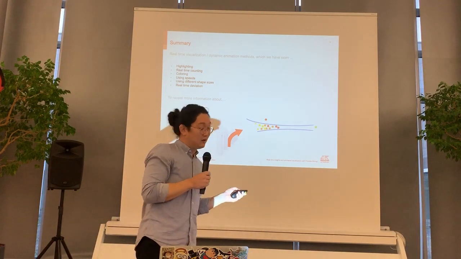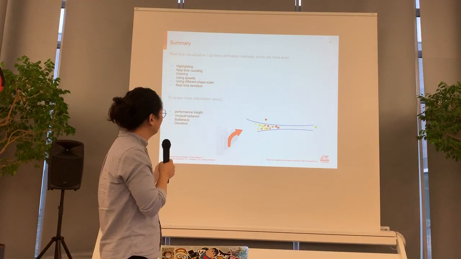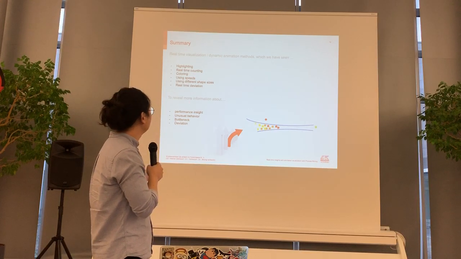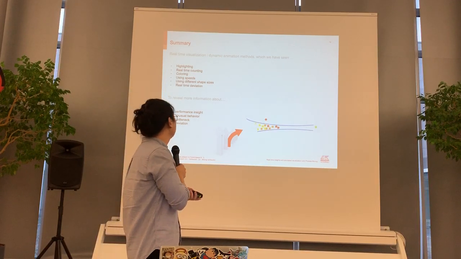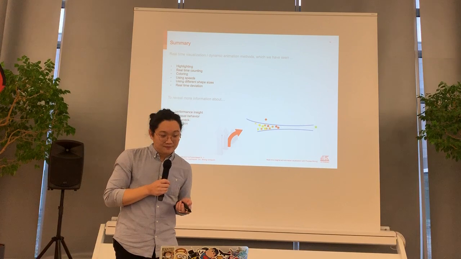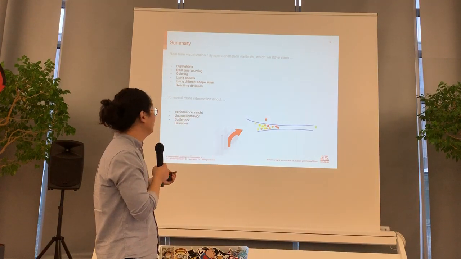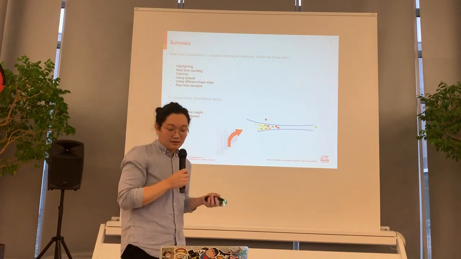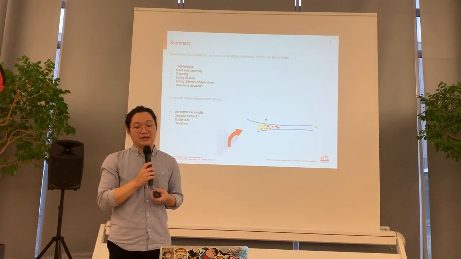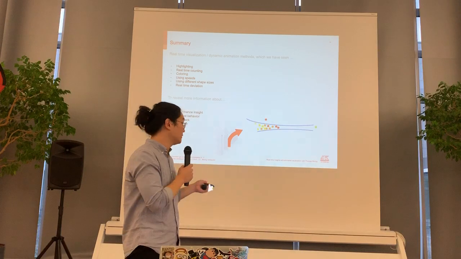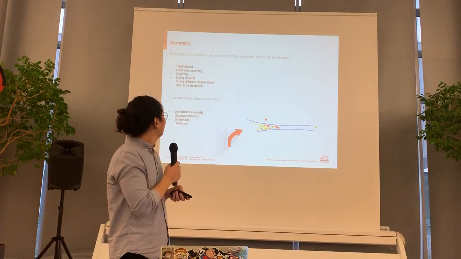And using only those methods in the visualization, it was possible to reveal more information about performance insights and unknown behavior, bottlenecks, and deviation analysis. And there was no in-depth data analysis needed to find out that information.